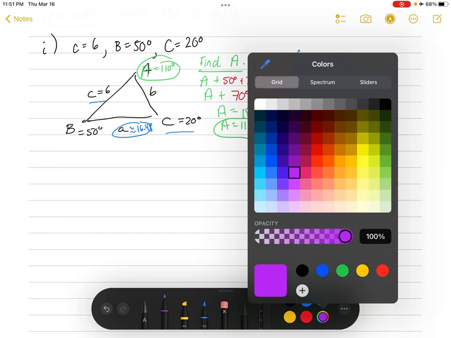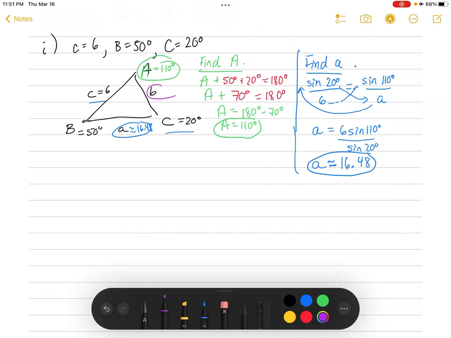So last thing I want to do here, I want to find little b. So to find little b, I'm going to take the sine of big C again over little c, sine of 20 over 6, equal to the sine of big B, 50 over little b.